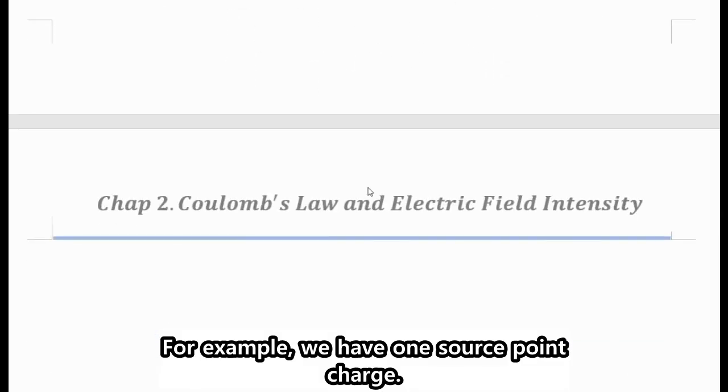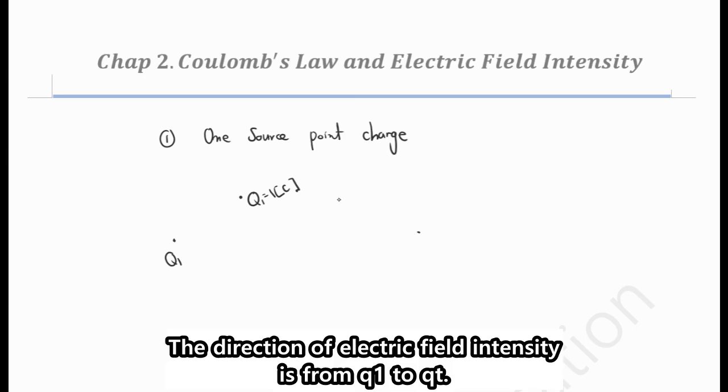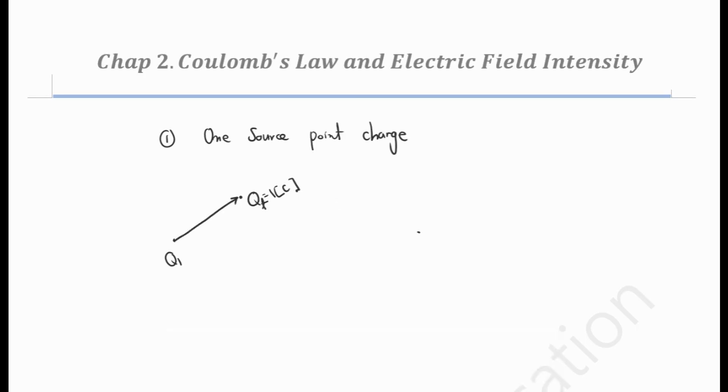For example, we have one source point charge. Q1 is the source and Qt is 1 Coulomb as the test charge. The direction of the electric field intensity is from Q1 to Qt.